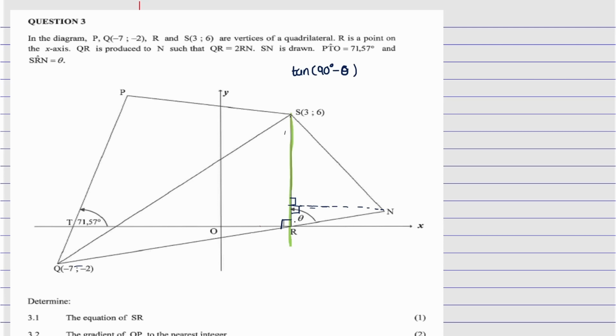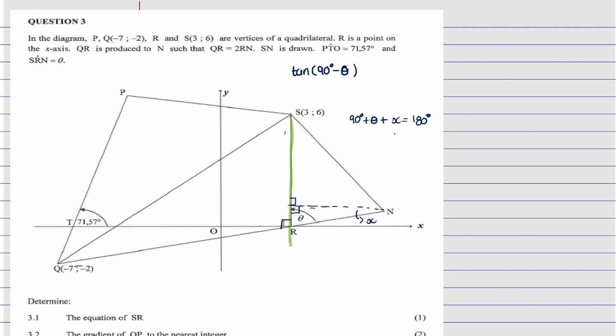Then, if this is 90 and this is theta, what's this angle? Using sum of angles in the triangle, it's going to be 90 degrees plus theta plus this angle, which I'm going to call x, equals 180 degrees, sum of angles in a triangle.